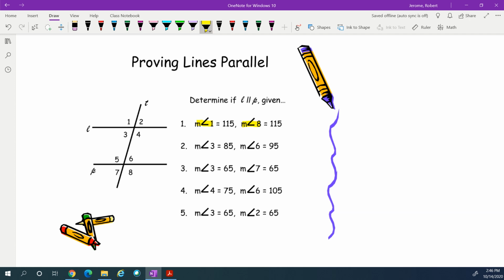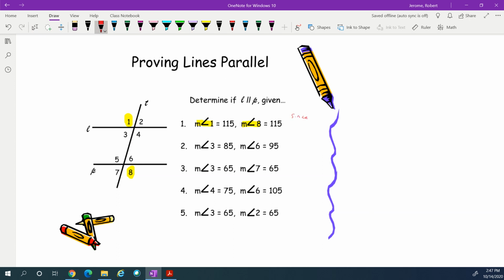Here's how we do it. We're going to find the angles 1 and 8. So here's 1 and here's 8. Those are exterior angles. Those exterior angles are congruent, which means the lines are parallel.